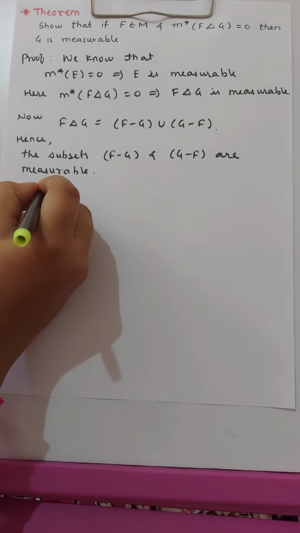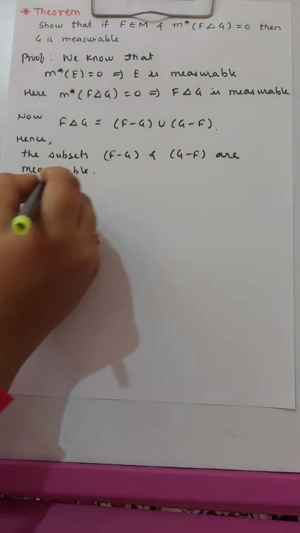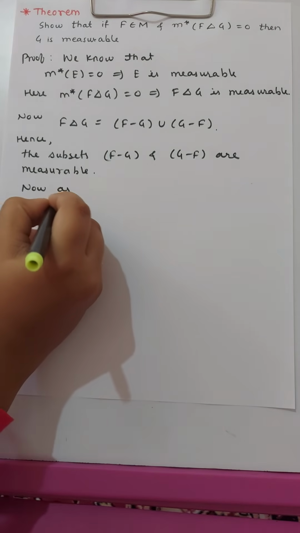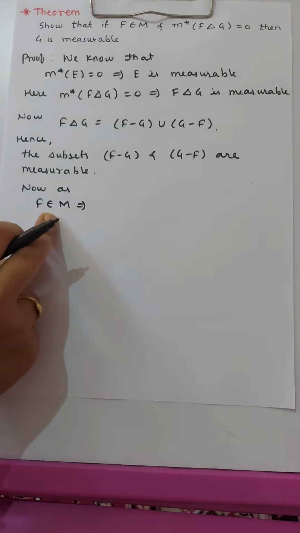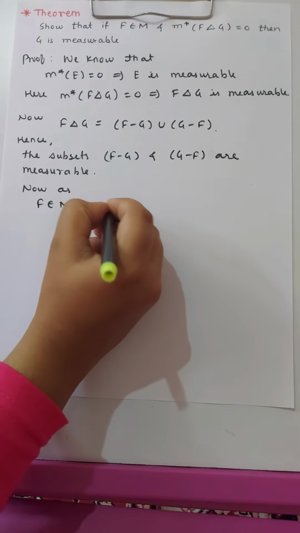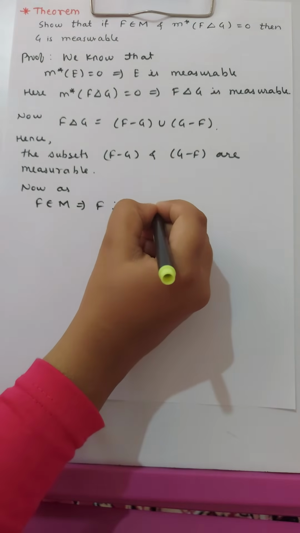Now, as F belongs to M, that is M is a collection of measurable sets, therefore F is measurable.